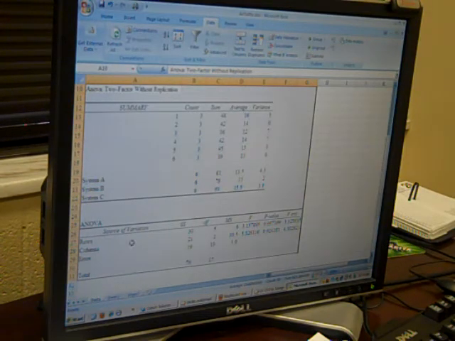This is the row and the error. The purpose of this is to wipe out the effect of the variation because of the rows. So you need to find out first if the blocks really affect your dependent variable.